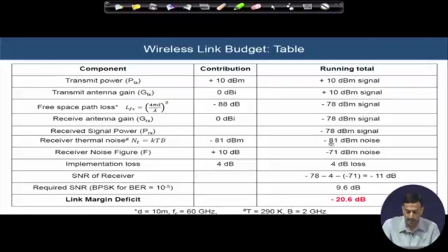So we have signal power of minus 78, noise power at the receiver of minus 71, and if we now consider a consolidated implementation loss of 4 dB, we are in a position to calculate the signal to noise ratio at the receiver. So signal is minus 78 dBm as already calculated.